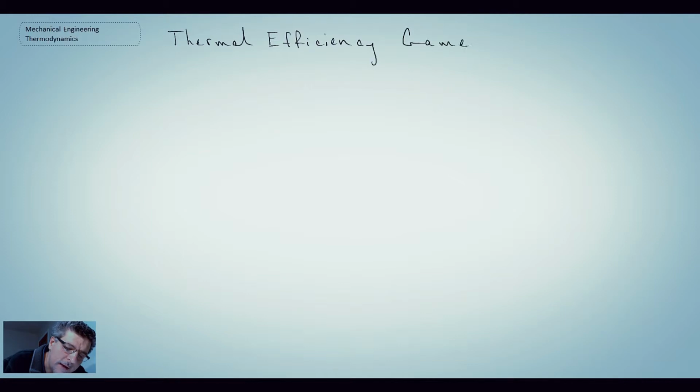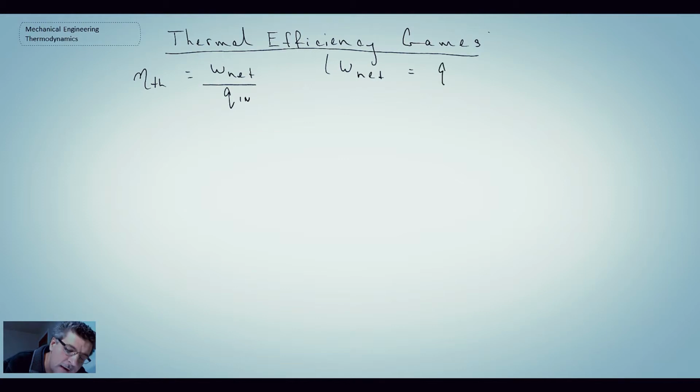They're not really games, but they're things that you can do in order to improve the thermal efficiency of your cycle. So recall the thermal efficiency is equal to the net work divided by the heat in. And net work, we said, was Q in minus Q out. So that's the way that we've defined it.